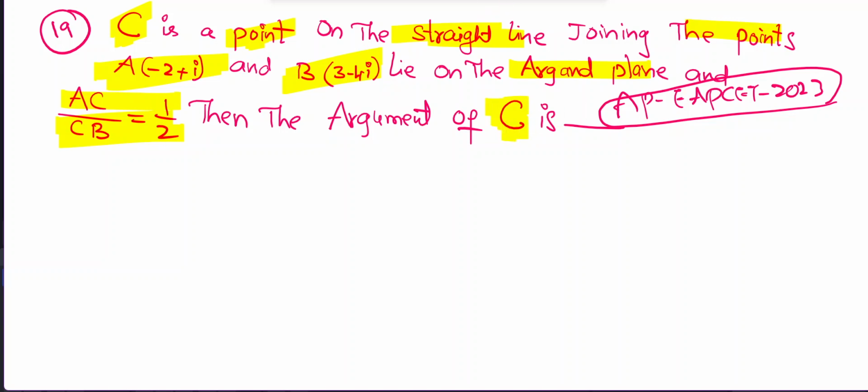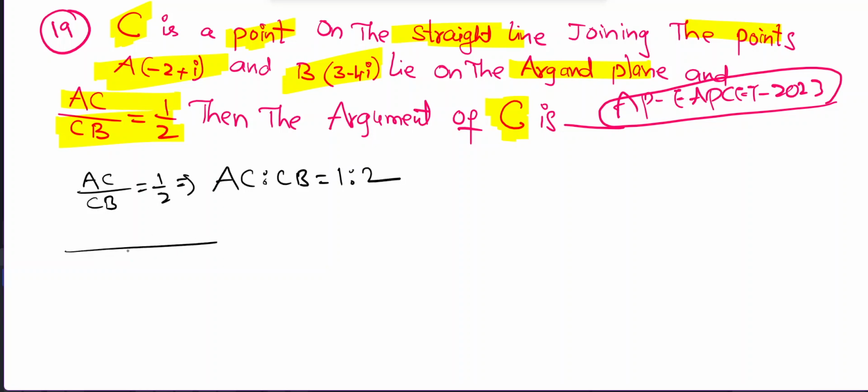This is an EAMCET question 2023. AC is to CB is equal to 1 is to 2. That means the point C lies on the line segment AB. It divides in the ratio 1 is to 2.